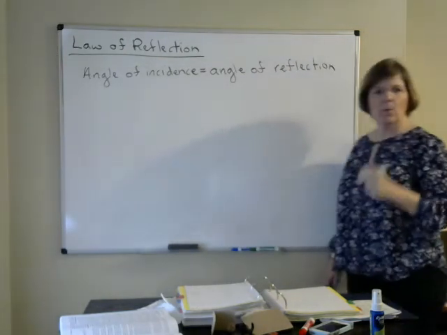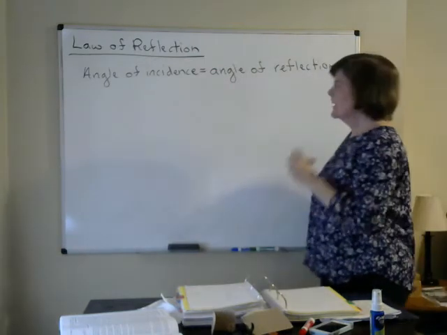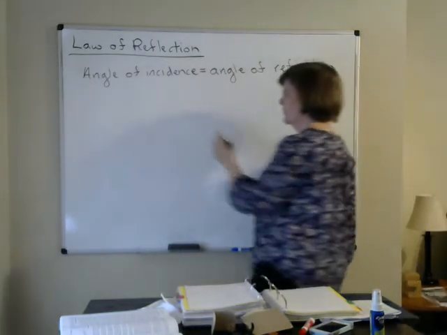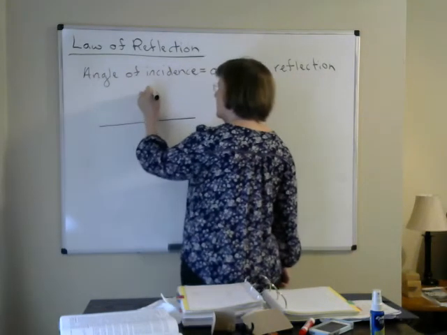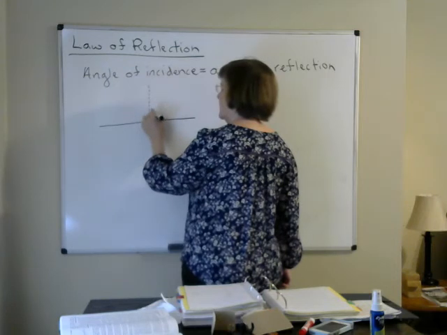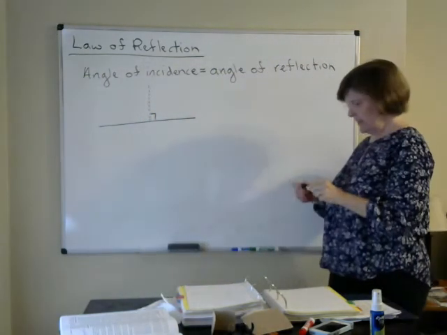One thing we need to be aware of is that when we measure angles, we measure them from a normal. So if this is our surface, a normal is a perpendicular to that surface. That dotted line represents my normal.